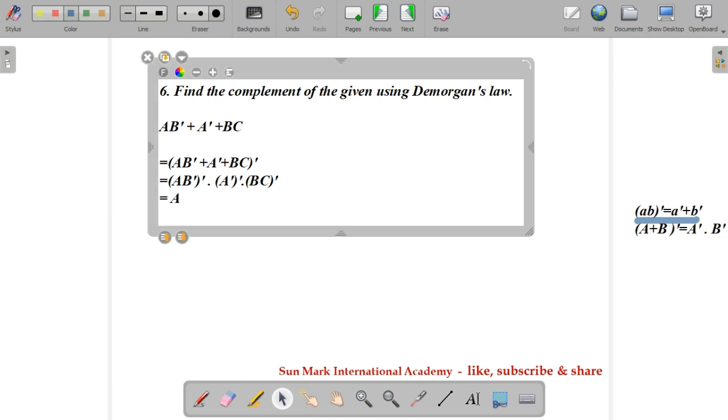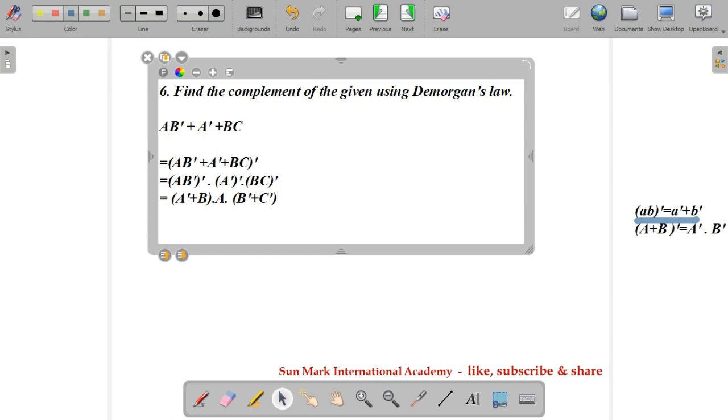So we will get (A dash plus B dash) the whole dash equal to A dash plus B, and (A dash) the whole dash is A dot (BC) the whole dash, means the same law, B dash plus C dash. So we got the answer as (A dash plus B) dot (A plus B dash plus C dash). So this is the final answer.